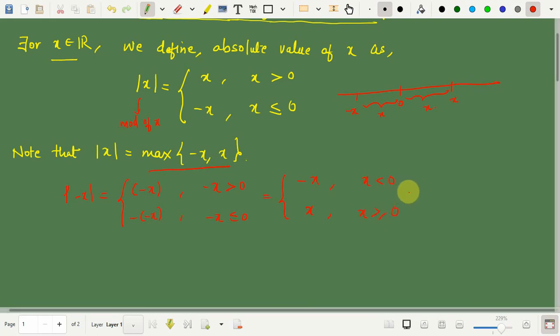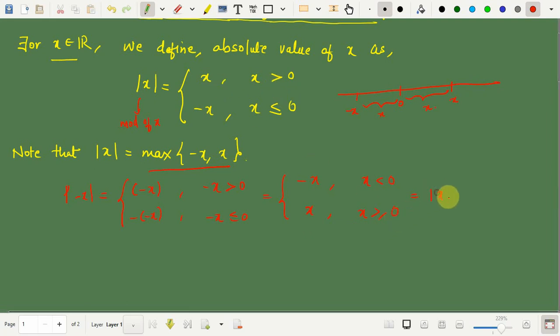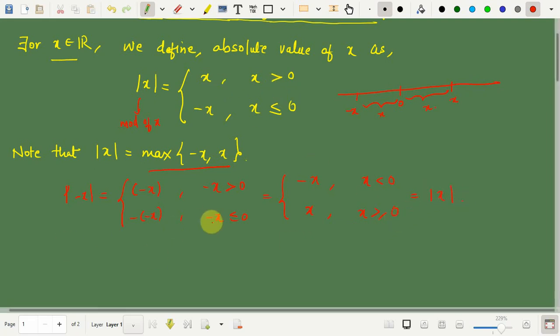So, this is exactly the same as mod of x, because you can now note down that minus x when x is less than 0, here it is less than or equal to 0. Absolutely, when x is equal to 0, the value is 0, so I can insert that 0 anywhere, and x when x is strictly greater than 0, in this case greater than or equal to 0. So, that is exactly the same as mod of x.